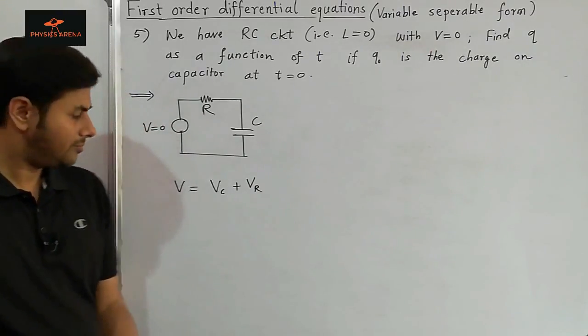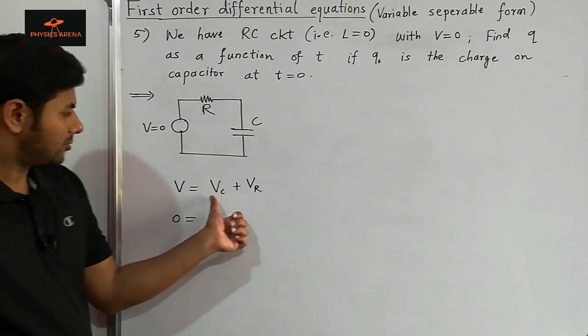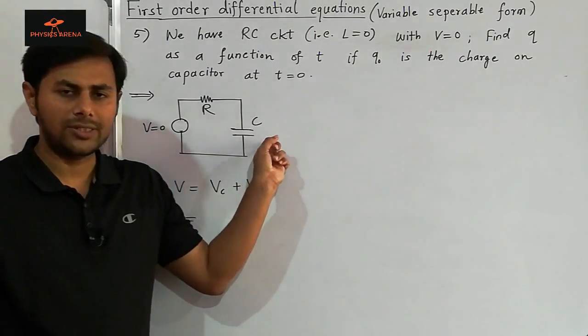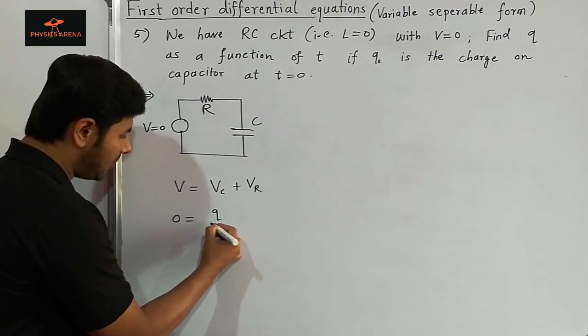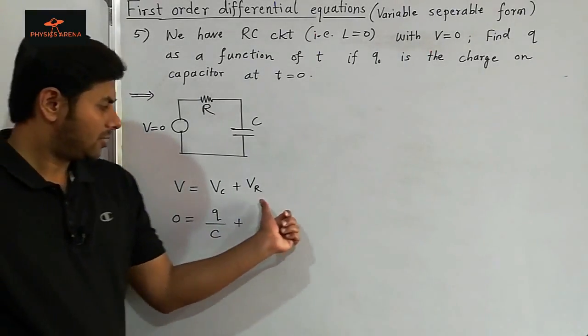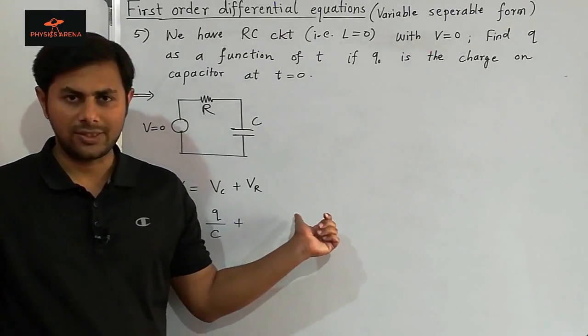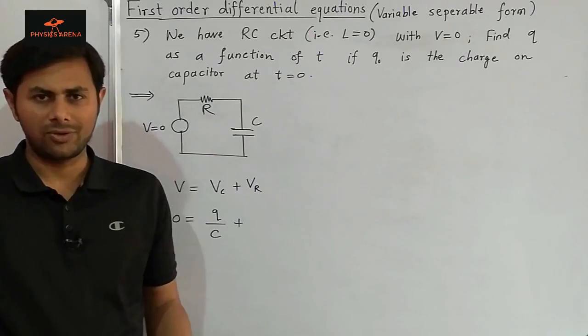So we have V equals 0 equals Vc, the voltage across the capacitor, and the voltage across the capacitor is given by Q divided by C, plus Vr, the voltage across the resistor, and the voltage across the resistor is given by Ohm's law.